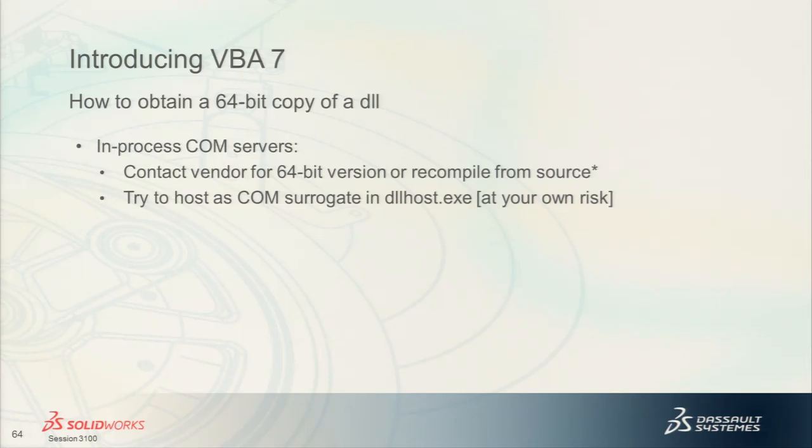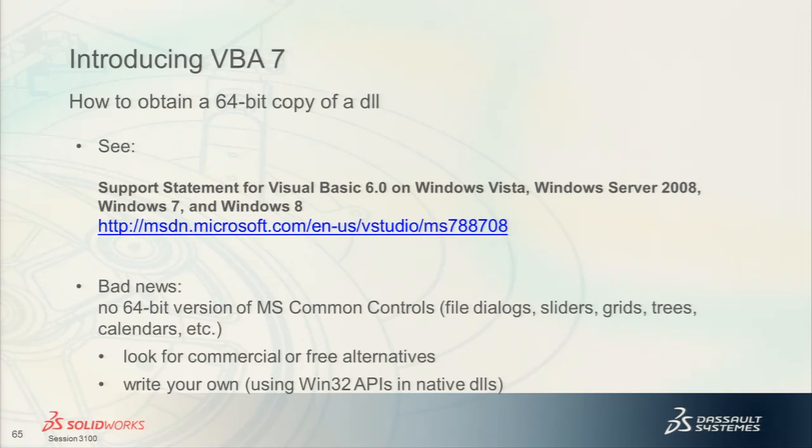You can actually reuse your 32-bit DLL in another process called the COM surrogate host. That's a mouthful, so I'll have more pictures of that later to see how that could work. But you are on your own in this respect, because the developers who wrote your DLL may not have prepared it correctly for this use. So you have to try it. And we're going to try that later.